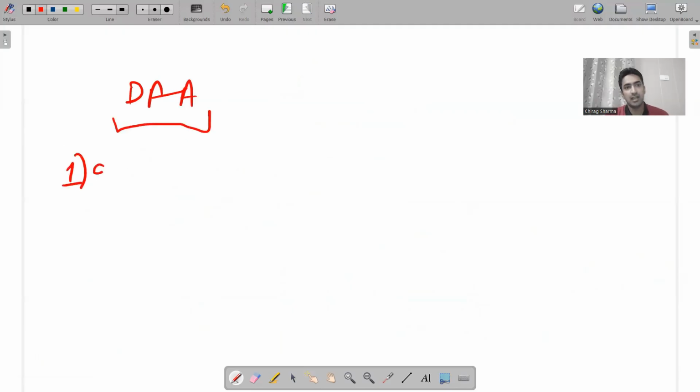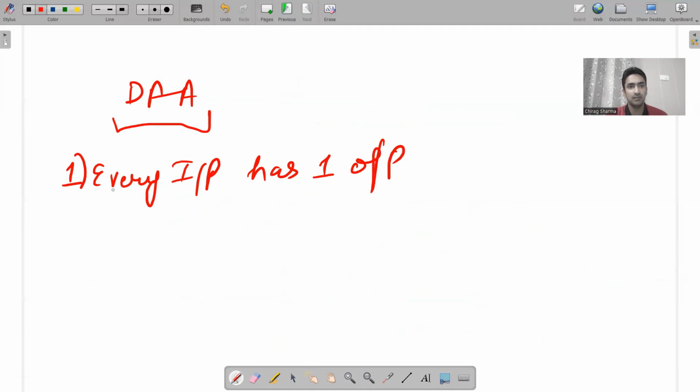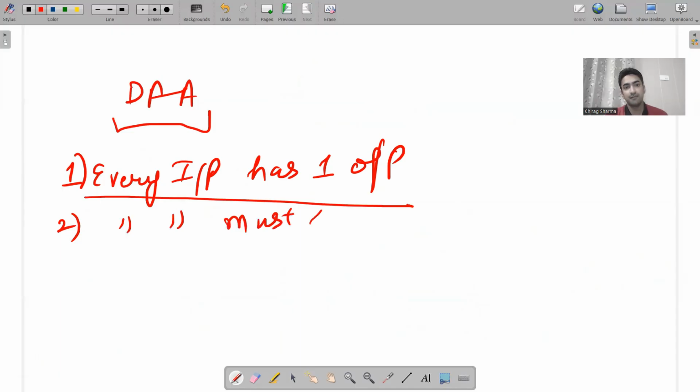One important thing: every input has one output. And every input must have transition with all input symbols.